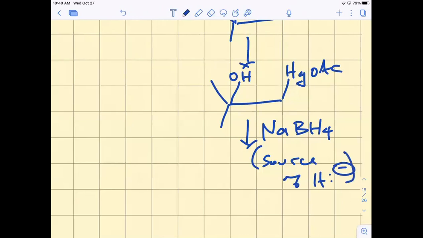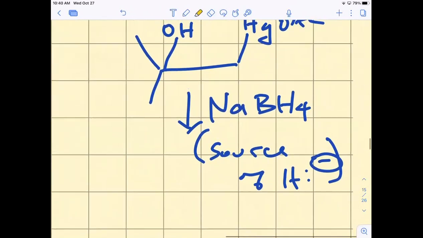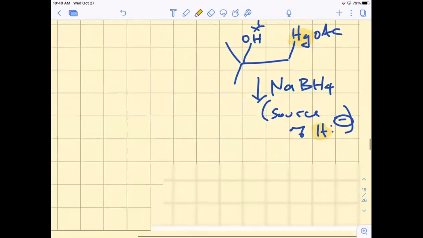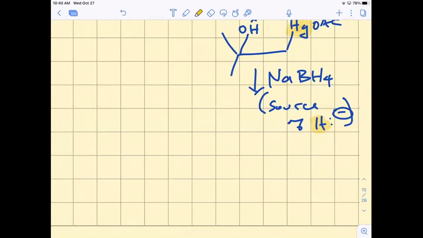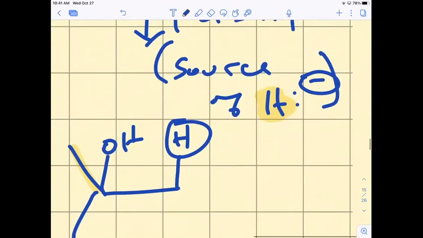There's some debate about the mechanism for this part, like how it happens, but the overall goal is to take that hydrogen and replace mercury with that hydrogen. So I end up with this as my final product. That H minus is going to replace mercury.